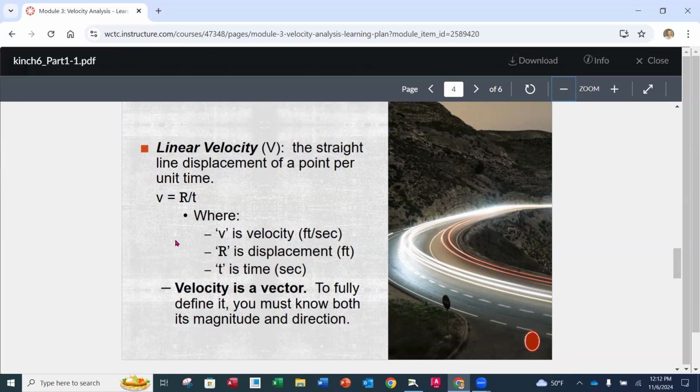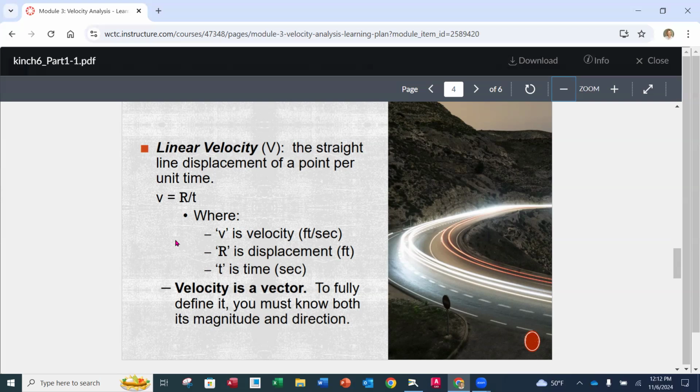Now, in this book they use the variable r. Sometimes you see it as s, sometimes as d, but whatever it is, displacement is the distance that was covered that we're interested in, divided by t, which is universal for time. How much time did it take for us to cover that distance? So we get it into a rate.